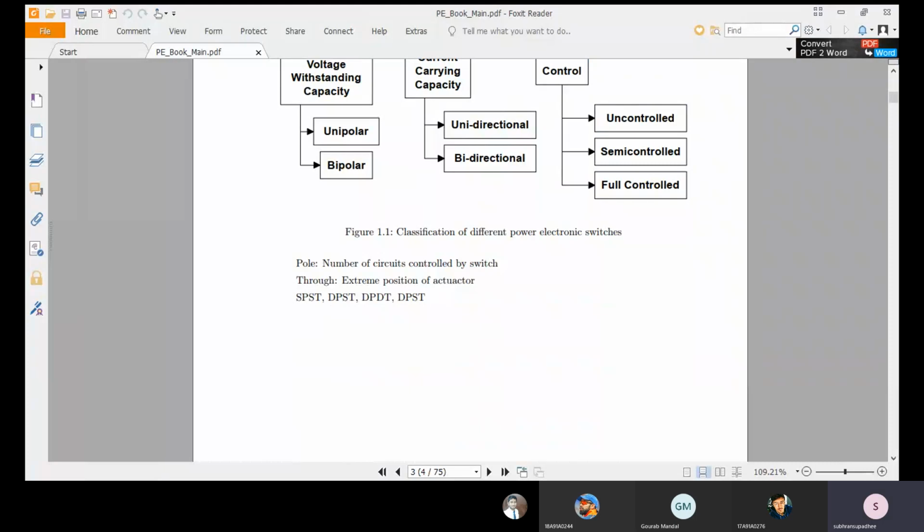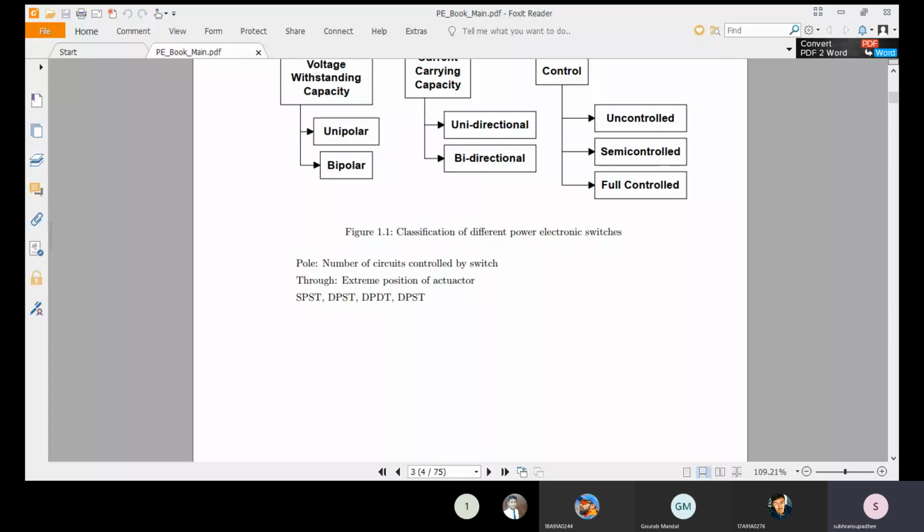Right. What is SPST? Single pole, single throw. Single pole, double throw, double pole, single throw, and double pole, double throw. All right. These are basic. If you talk about pole and throw of the circuit, the switch can be of four different types. Right.